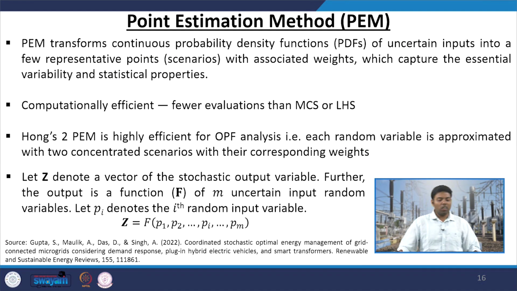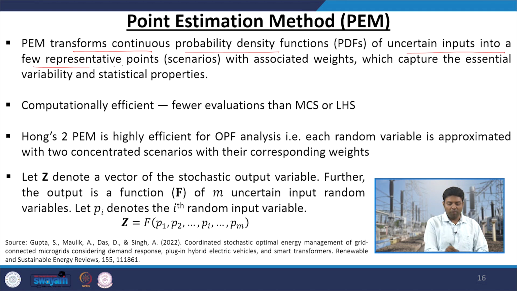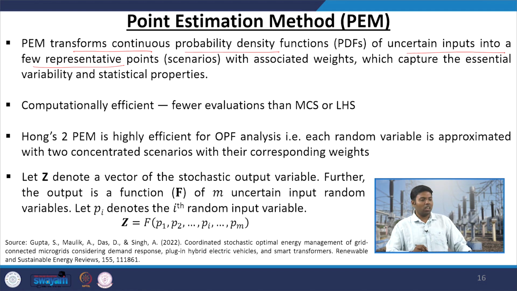Then the last method of scenario generation is the point estimation method. What do we do with the point estimation method? It transforms continuous probability density functions of uncertain inputs into a few representative points. That means it will cluster the entire probability density function to 2 to 3 points or 5 points.